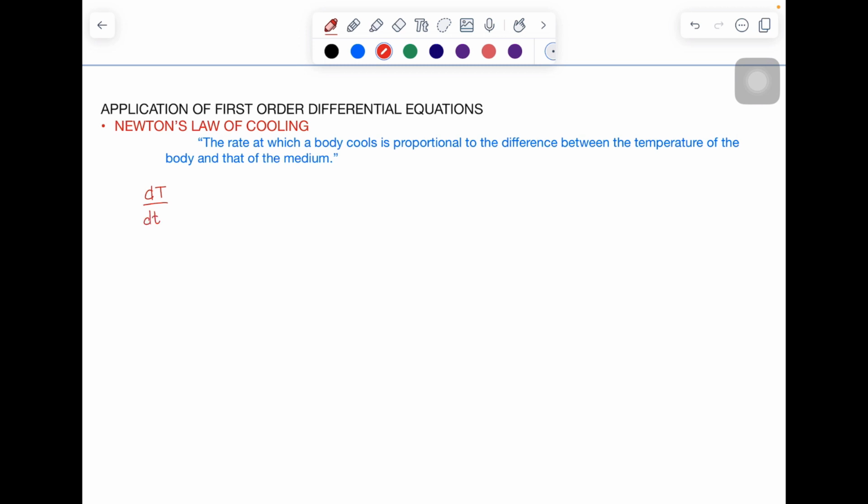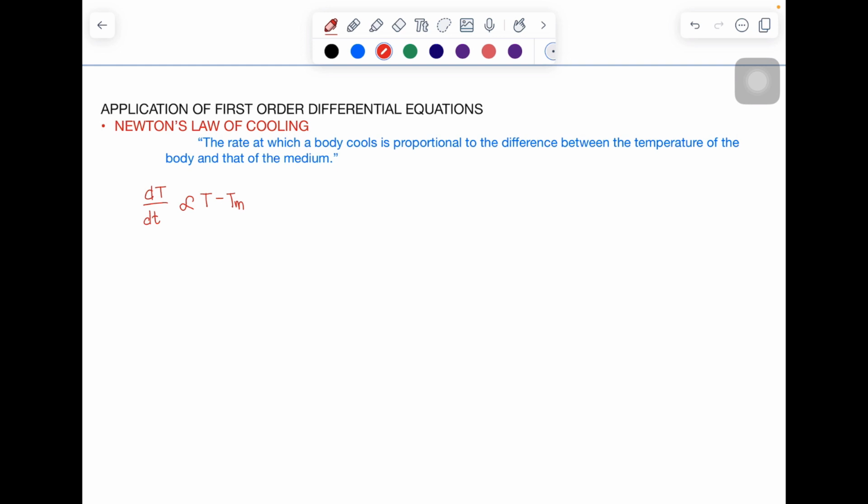That is in terms of degrees Celsius or Kelvin or Fahrenheit per second or per minute, right? And it is proportional to what? It is proportional to the difference between the temperature of the body and the temperature of the medium.